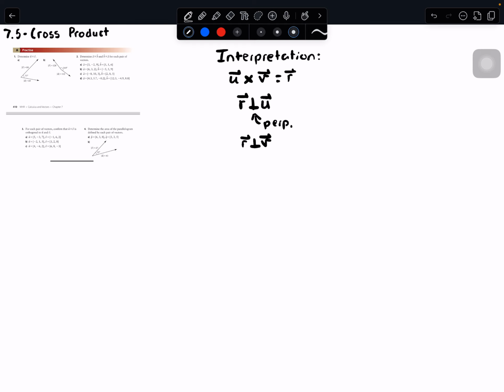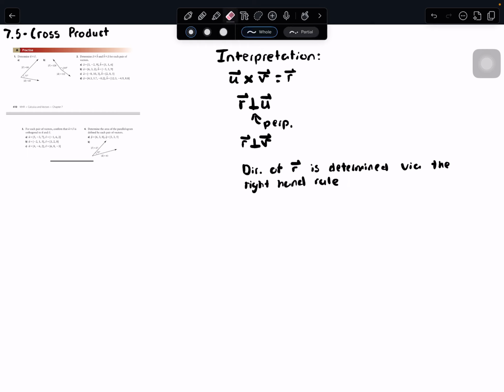Now the direction of R is determined by using the right-hand rule. Okay? And that pretty much lays all the groundwork out for what we're going to be doing. Perfect. Good. So that's a good place to jump off and start now.